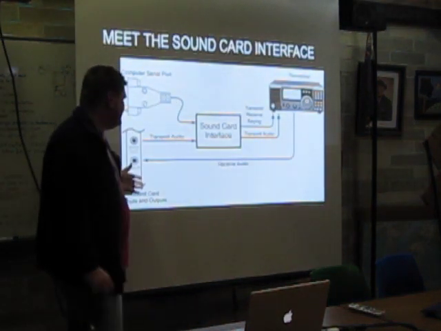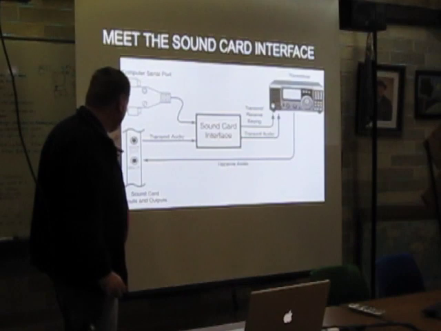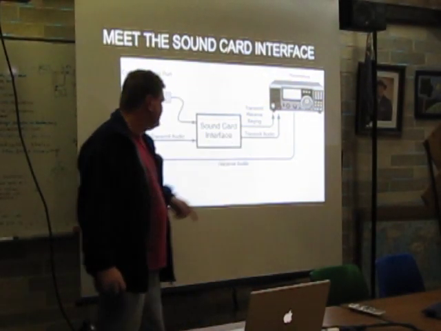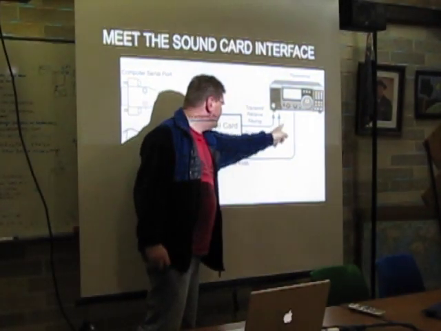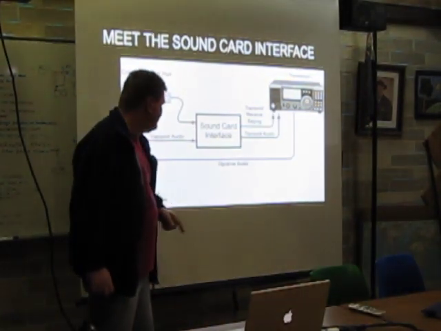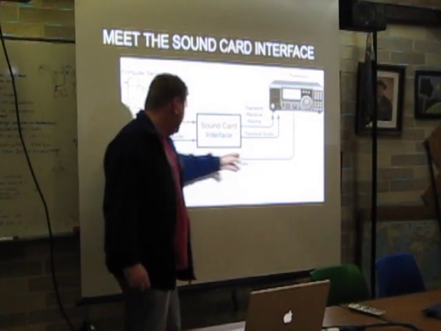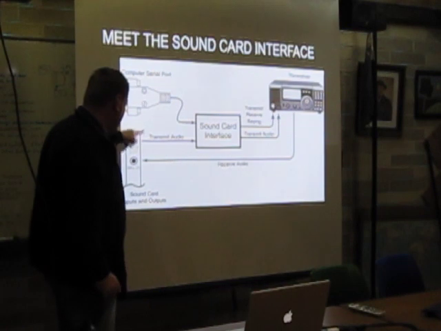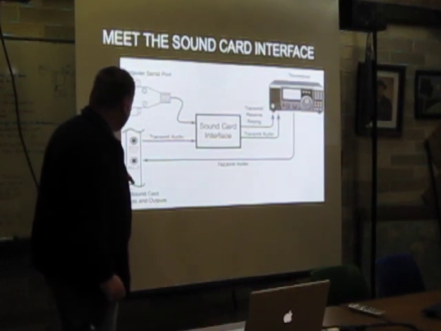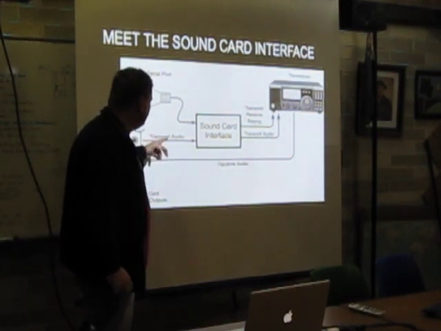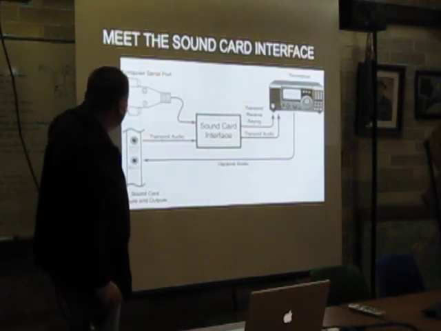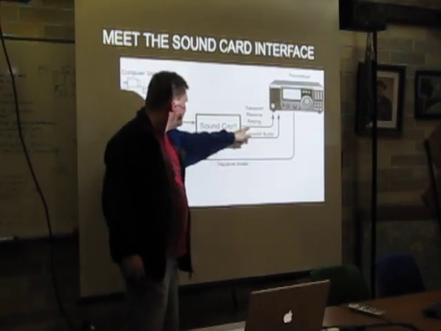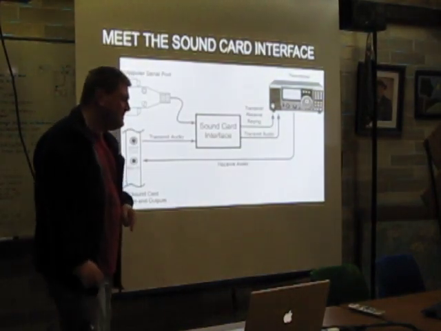And basically they're doing what I said. So the transceiver has audio. You've got audio into the transceiver for transmitting. You're getting audio back out of the transceiver for receiving. And so this goes into the sound card on your computer. And then you often do have a serial port on the computer, which may be used for keying the transceiver.